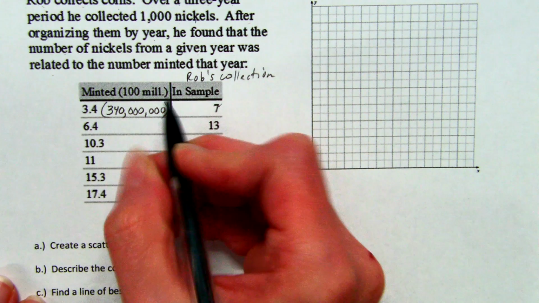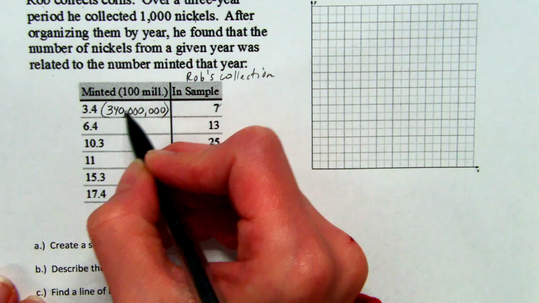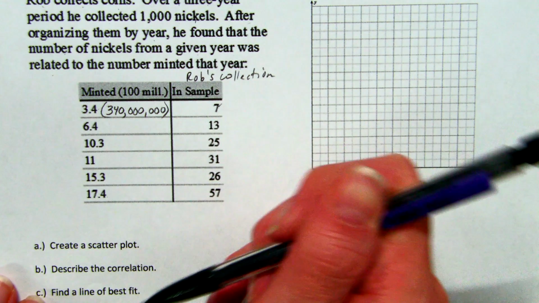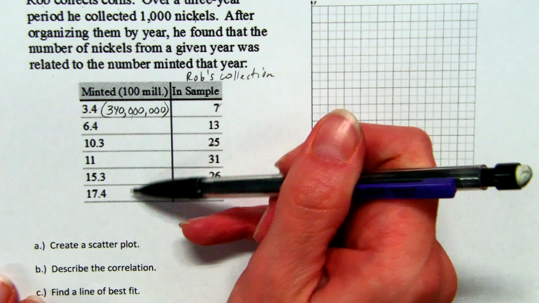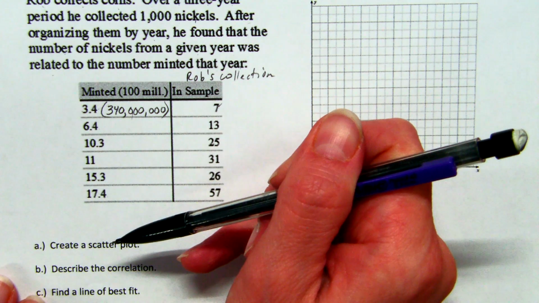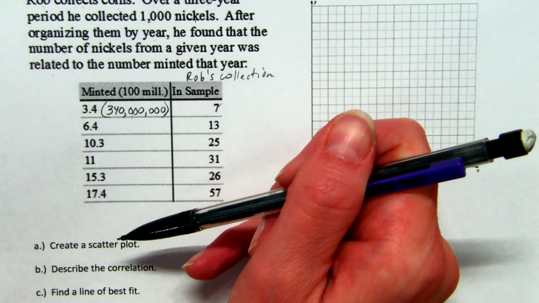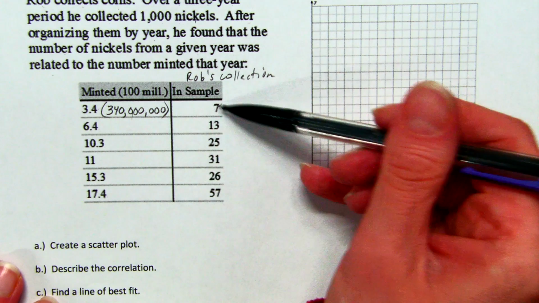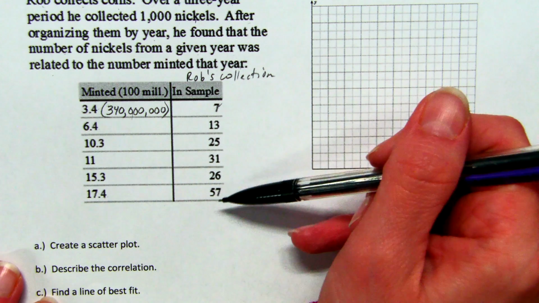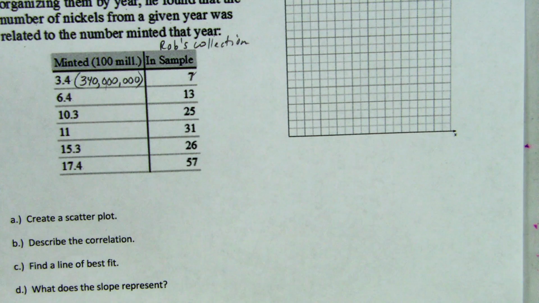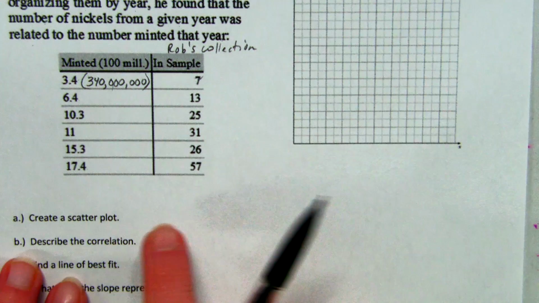I'm not going to write all of those out with all those zeros. There's a reason they took the zeros off, and that was to make the math a little easier. But this is how much was minted that year, how much came out of DC or Denver. We mint coins in Denver. So how many were minted that year, and then how many he had in his collection, and he's looking at the relationship. So the first thing it says to do is create a scatter plot.